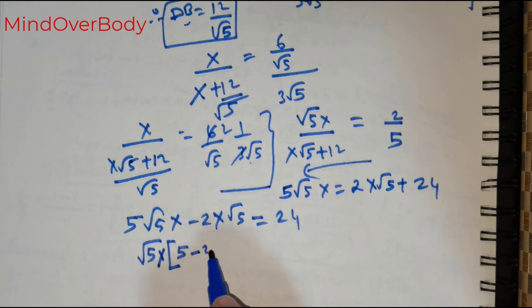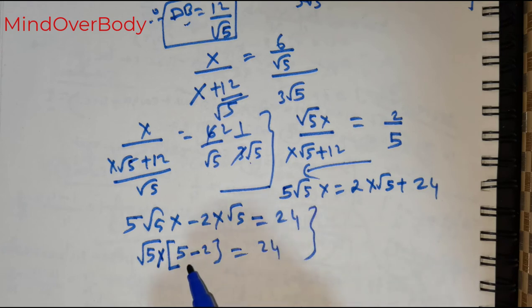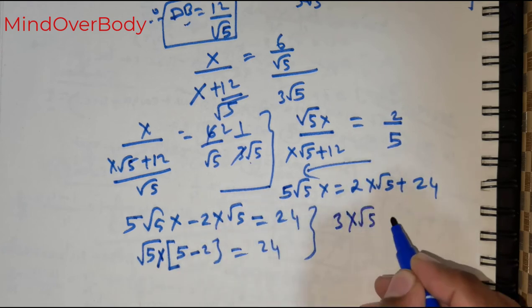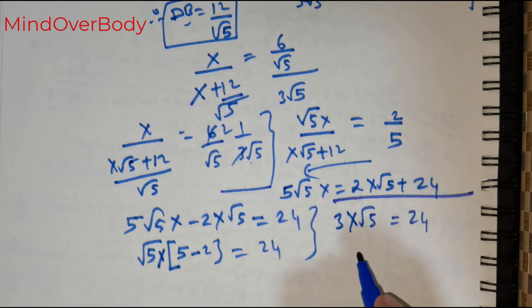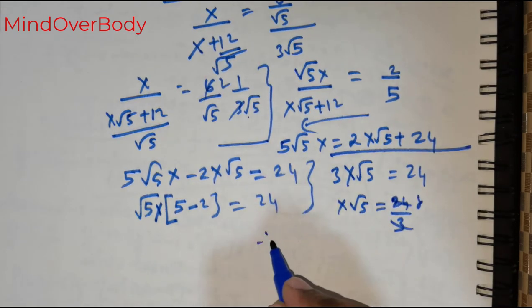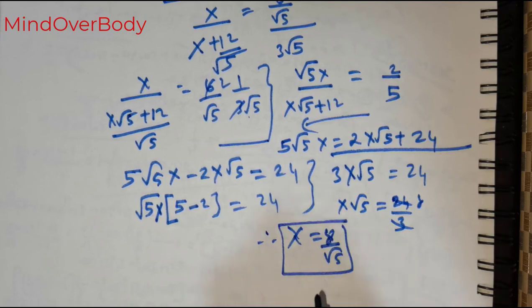That gives me 5 minus 2, which is 3, times x times root 5, is equal to 24. So x times root 5 is equal to 24 divided by 3. 3 divides 24 eight times. So I got x is equal to 8 over root 5. This is the value for x, right?